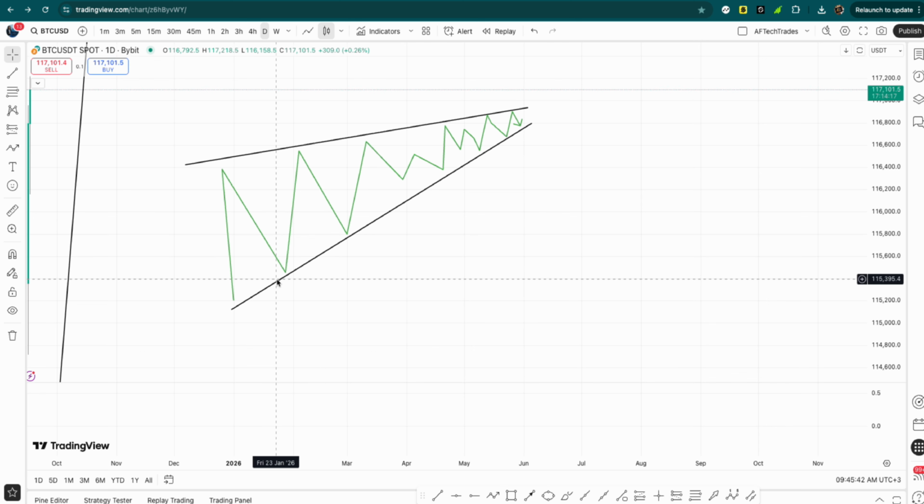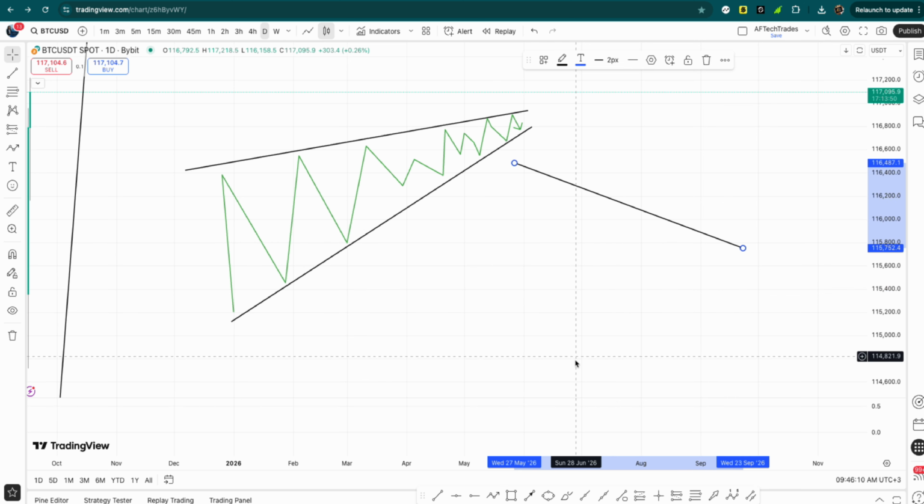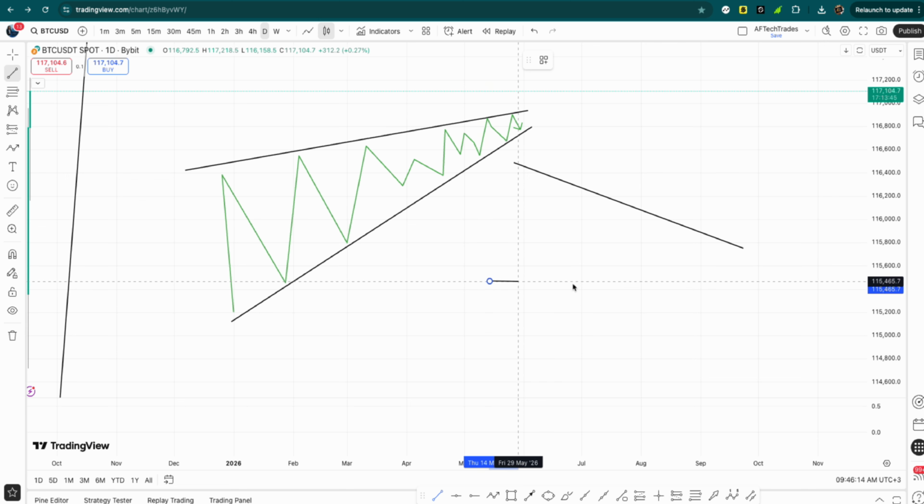I told you we have the falling wedge, right? The falling wedge, you see it in this form, as the name implies also. Give you this clearly.